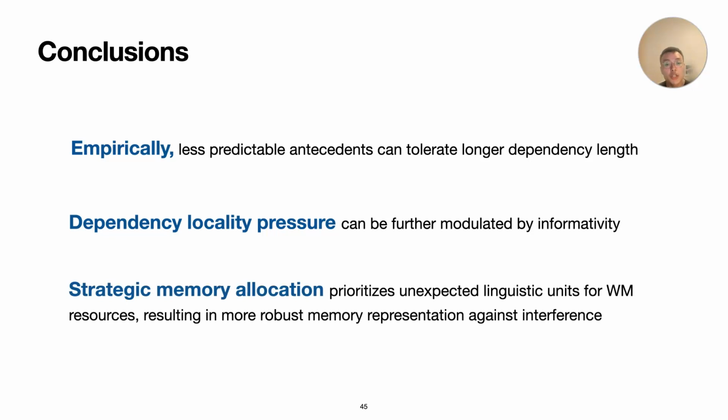In terms of the strategic memory allocation, our results support this individual level processing strategy such that unexpected linguistic units are prioritized for working memory resources, resulting in more robust memory representation against interference.